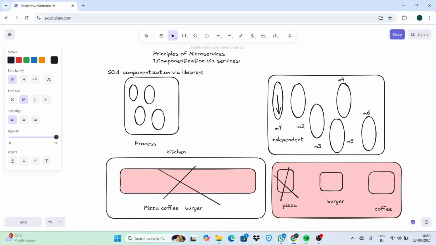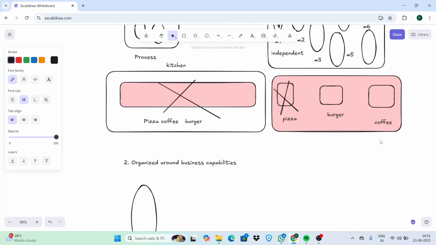So the whole system should be broken down into a number of independent services. This is nothing but componentization via services.